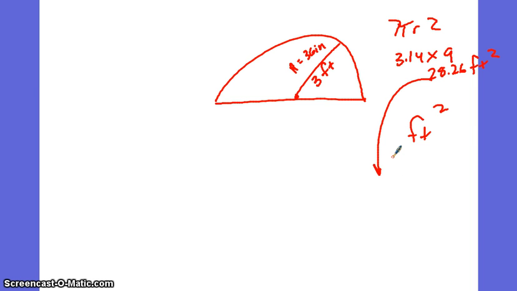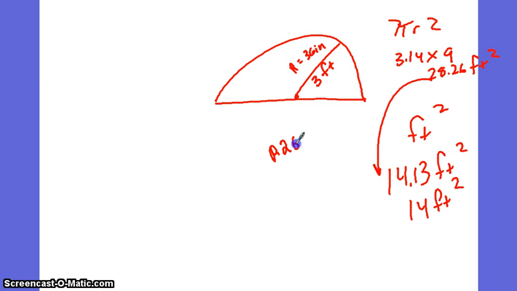Since we're talking about a semicircle, we're talking about half of a circle, we'll divide that by 2. And now we get 14.13 square feet. But if we were to round this answer to the nearest square foot, then it would be 14 square feet, and that's how much light that window lets in. So give the rest of those practice problems on page 267 a shot.